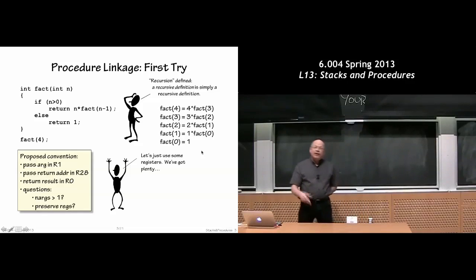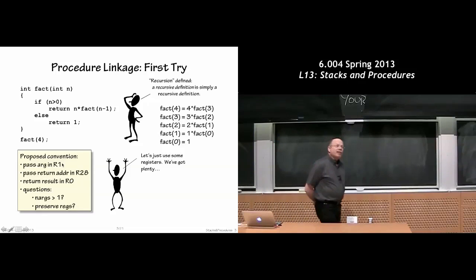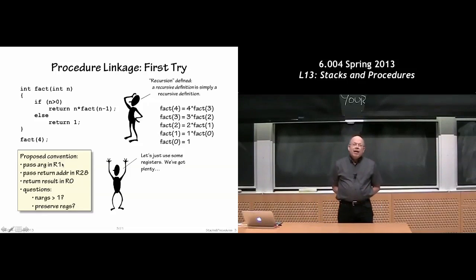And you can say, okay, I'm always going to use this register for this and that register for that. So what I'm going to do is to have a convention where I put the argument, in this case, the single argument, into R1. And now you can say, well, what about procedures that take 2 arguments? Well, use R1 and R2.